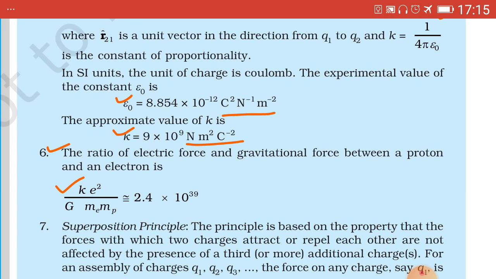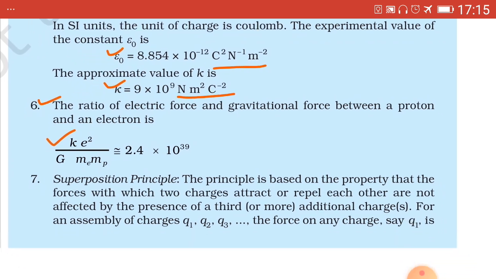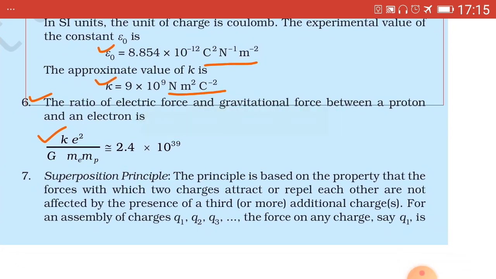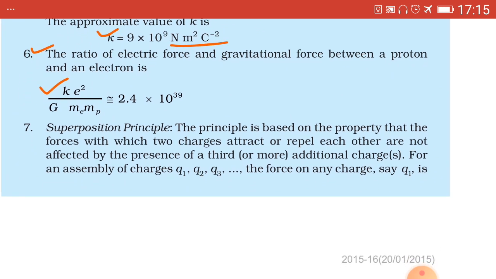Value of epsilon 0 and the unit is Coulomb square upon Newton meter square. K value 9 into 10 raised to 9 Newton meter square upon Coulomb square. Sixth point, ratio of electric force and gravitational force between proton and electron, that is K square upon capital G me mp, whose value turns out to be 2.4 into 10 raised to 39, which we have seen in the illustrated numerical ahead.